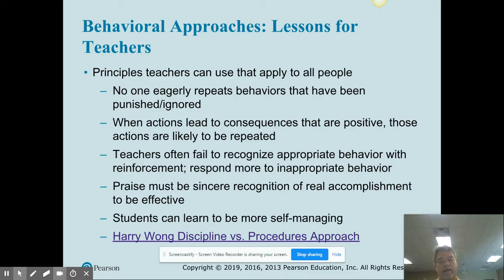If you get the book, and also if you do this little short video, it kind of reinforces that it's not about the behavior, it's about the procedures in place, so that the students can have environmental factors in place that kind of monitor and help take the behavior issues out of the classroom, or minimize them, if you will. So that's what I want you to take out of this chapter.